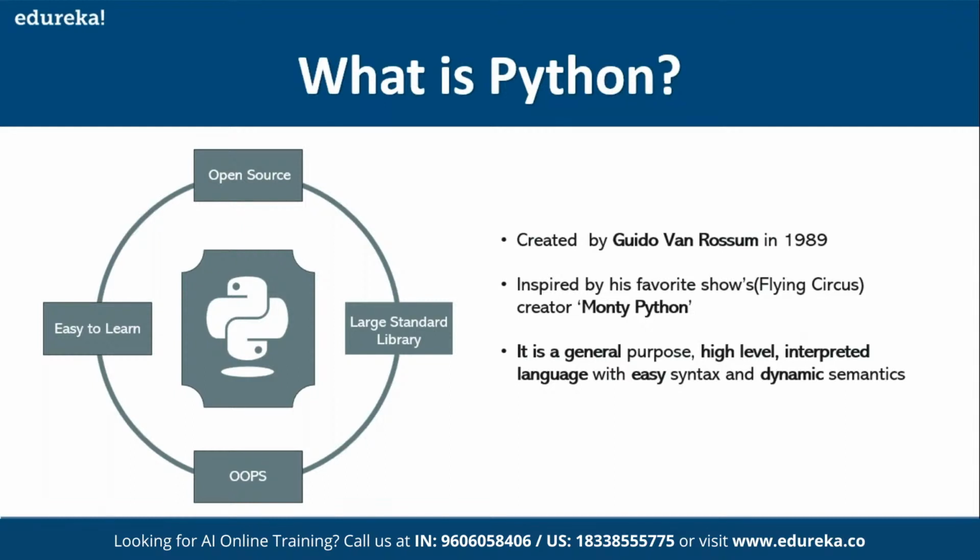So what's happening is the requirement to write code is reducing, and the necessity to leverage the already available libraries is increasing. That way it helps you to do things very easily. So all these aspects make Python one of the most widely adopted programming languages.